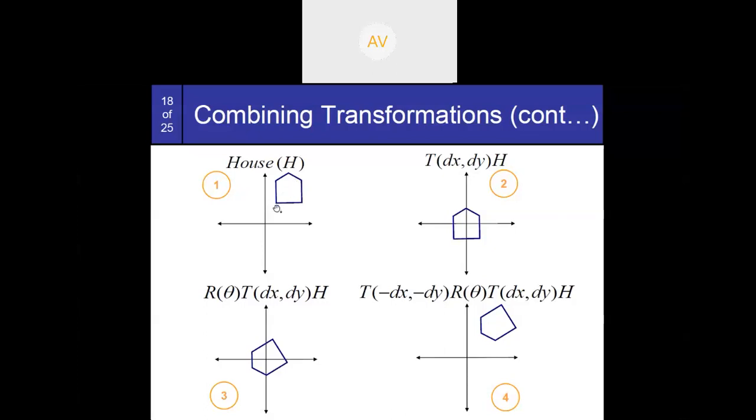Suppose you have to rotate this object about its center point. Then we have to translate this object first, fixing it to the origin. Then we will use the rotation matrix. Then again we will send it back to its original position.